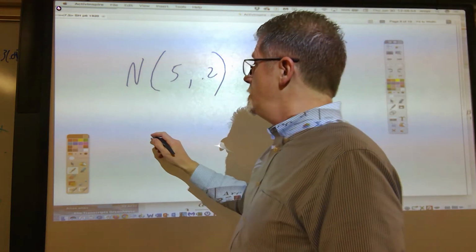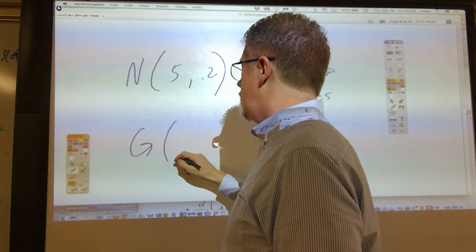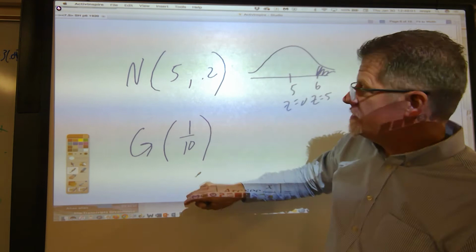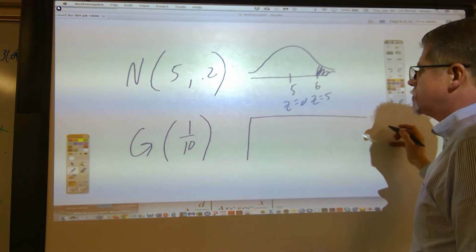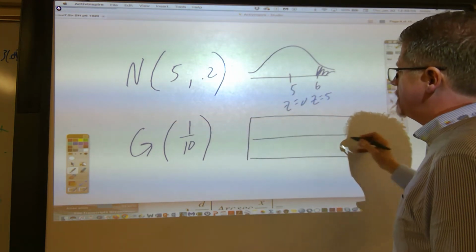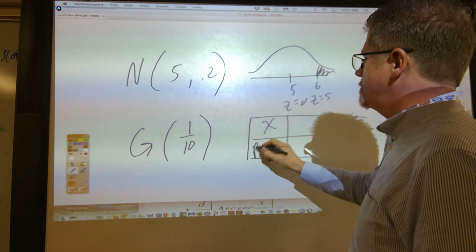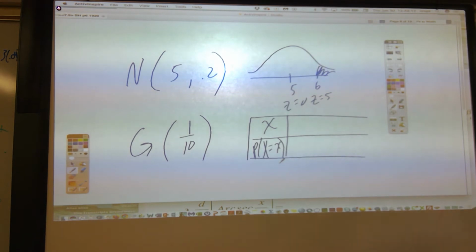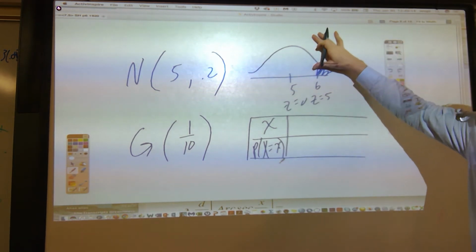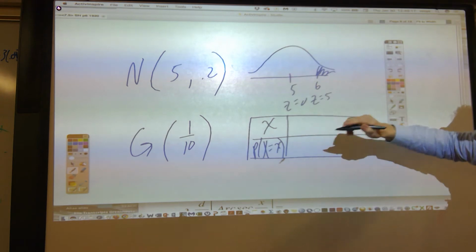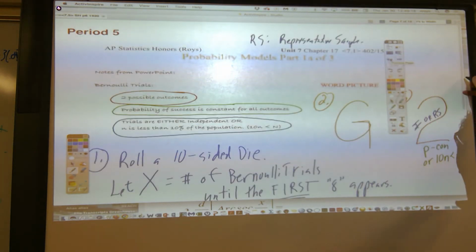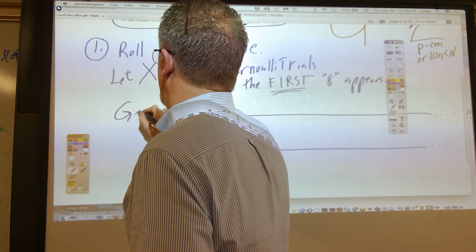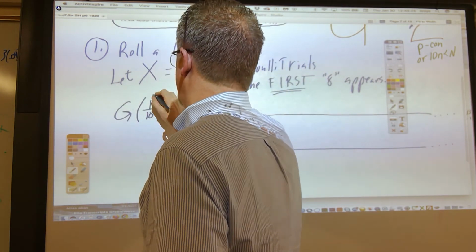A geometric model can be modeled by either the letter G with the probability of success, or graphically with an infinitely long chart, probability of capital X equals lowercase x. So usually for a geometric model, instead of this kind of representation, we use this kind. But okay, let's write down the representation of G of 1/10.